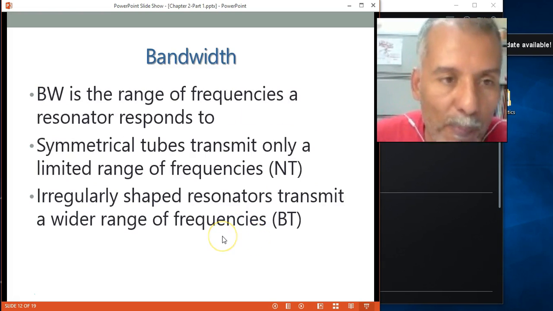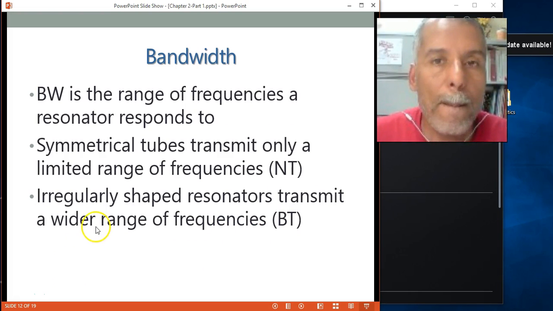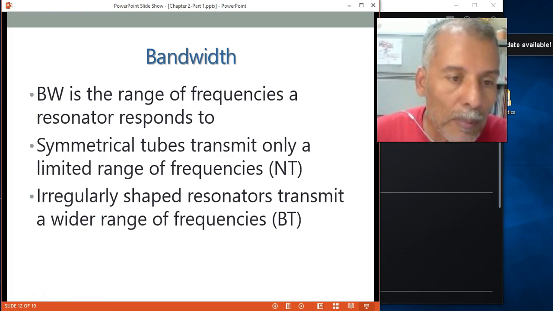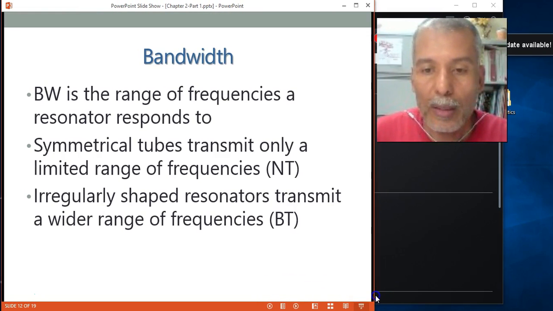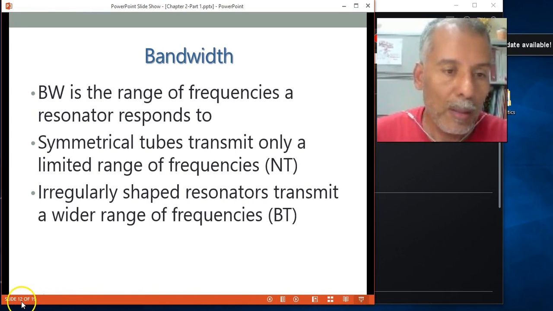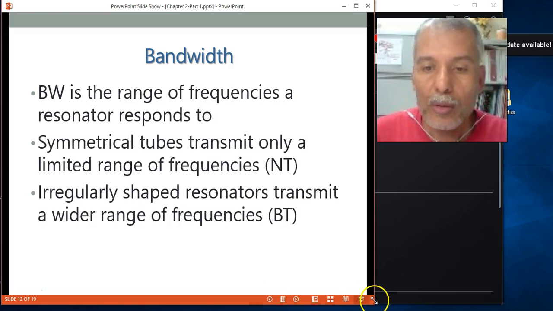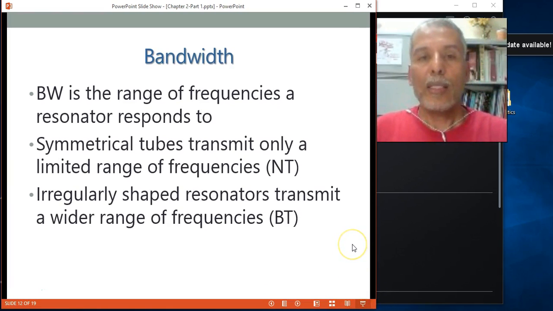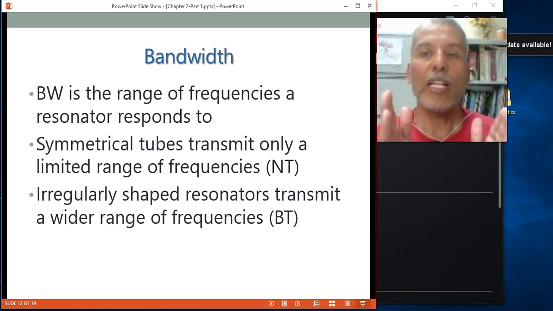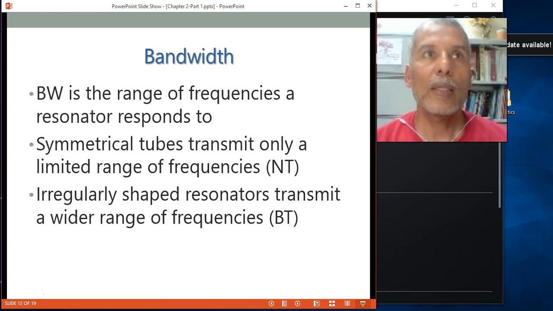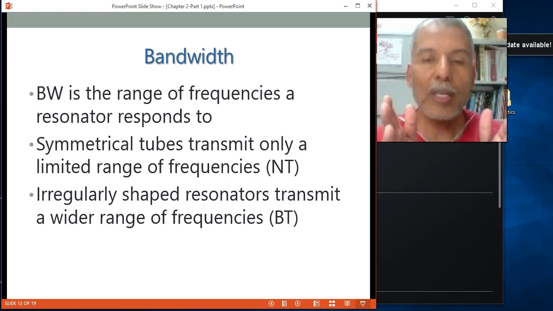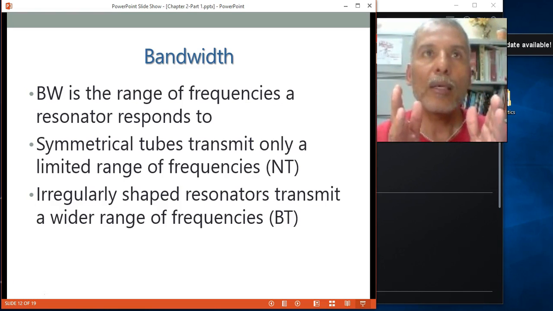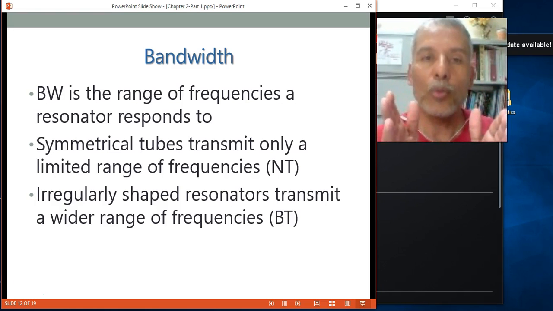Bandwidth. So bandwidth is a range, and everything has a resonant frequency, and everything has a bandwidth.